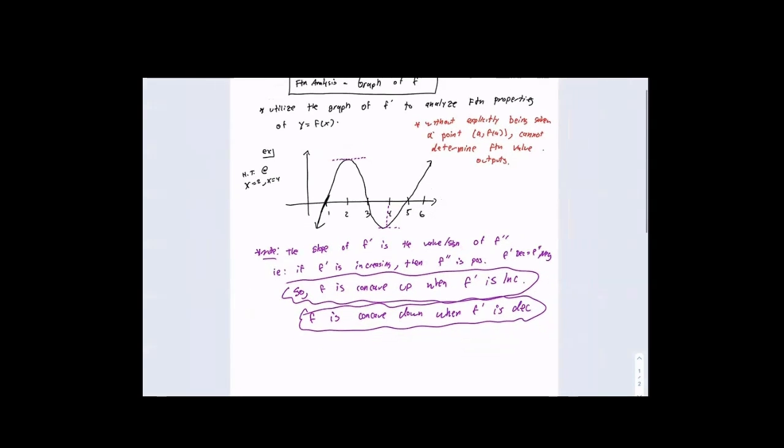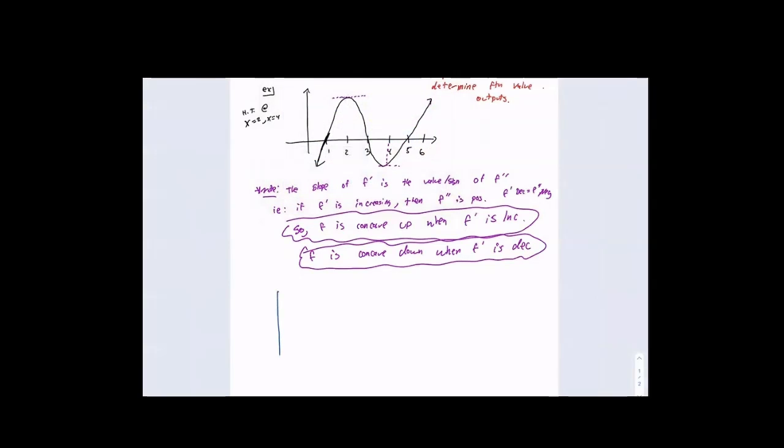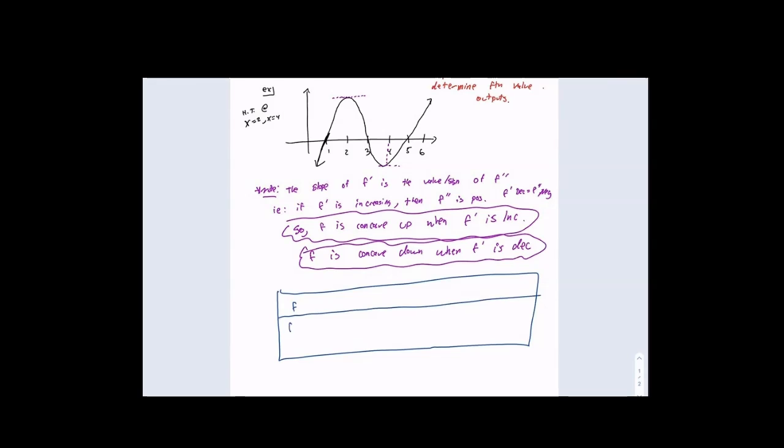Now, of course, it seems to be a lot to remember. So we have a little table here to help us remember, and it's f, the properties of the function f prime, and f double prime.